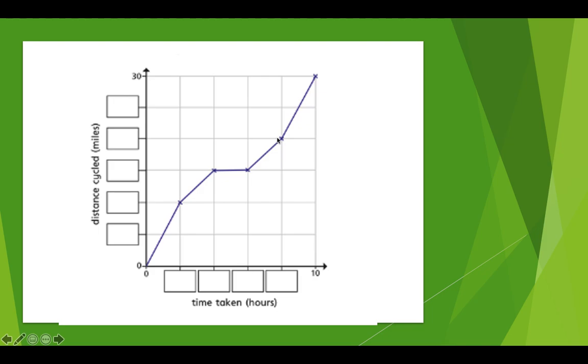And which hours, perhaps here, can you see where do you think this cyclist had a rest? Where he didn't cycle anything. I'm thinking here, because he didn't travel any further, perhaps he had a rest here. And I wonder what time he had his rest. Perhaps he stopped for a lemonade and a nice healthy juicy apple if you're cycling.